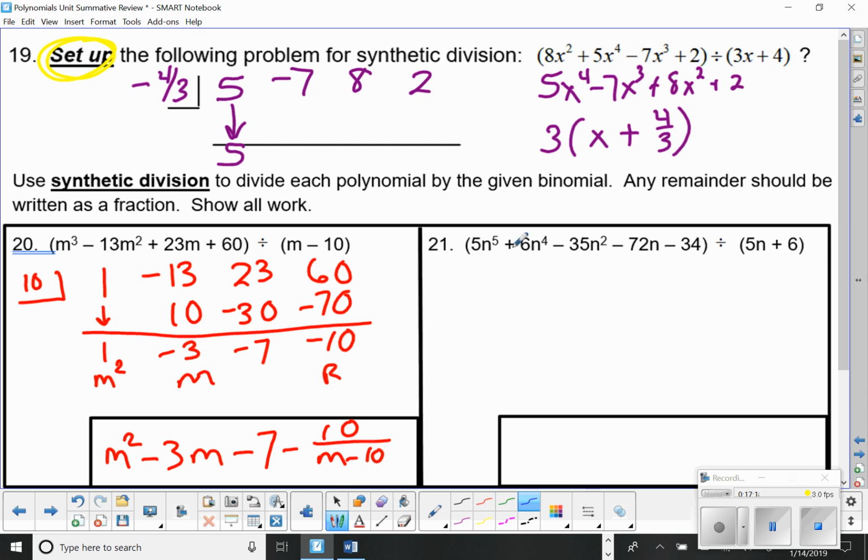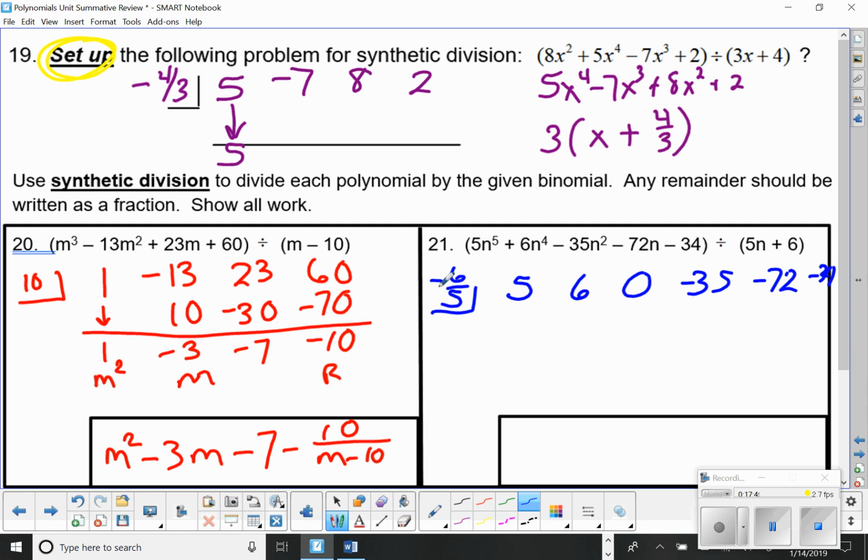First off, 5, 4. Ooh, I don't have a 3, so I've got to make sure I put in a 0, 1, and then nothing. So I have 5, 6, 0, negative 35, negative 72, negative 34. In the seat out here, I'm going to have negative 6/5.